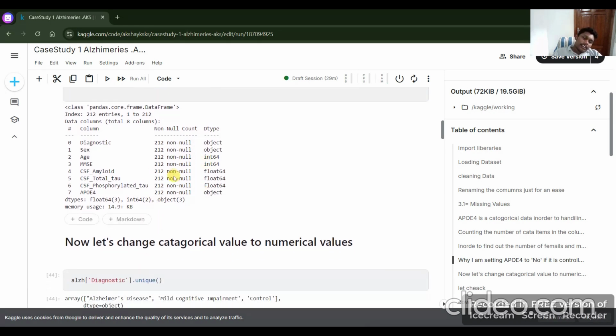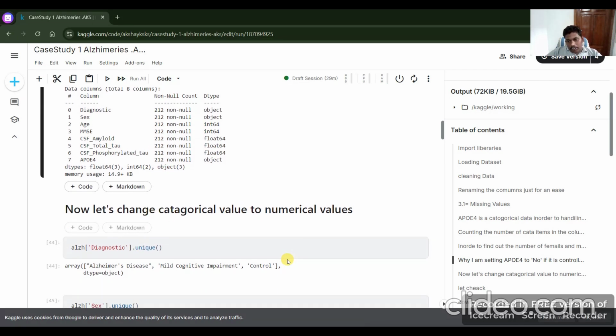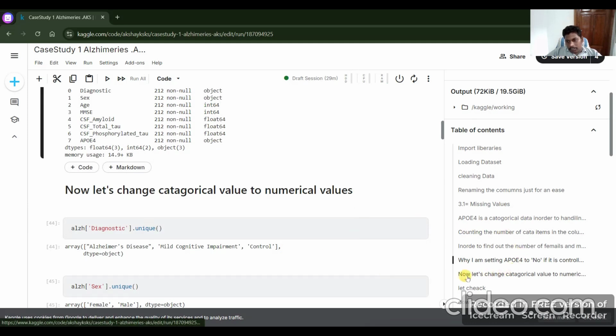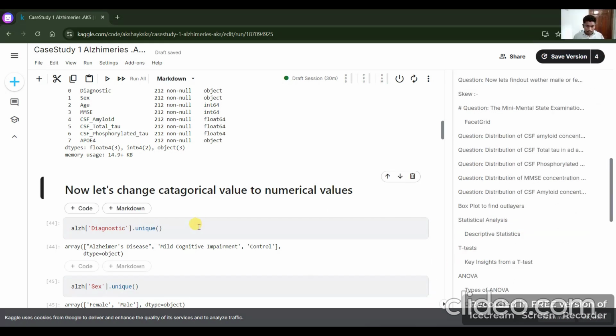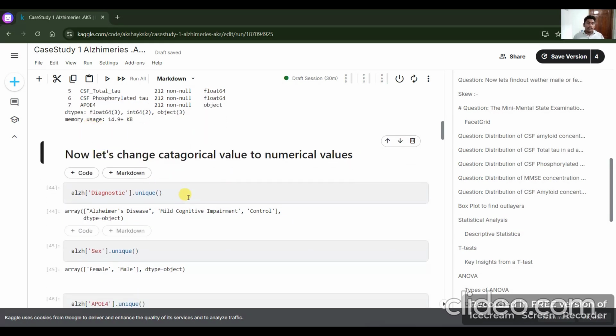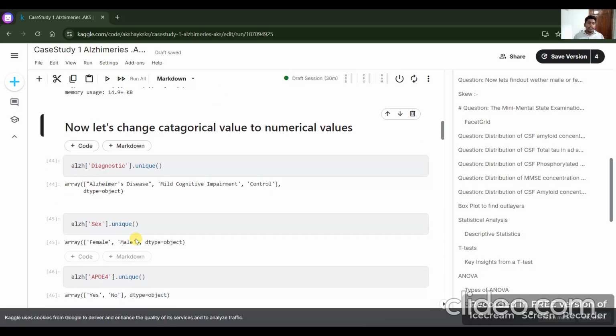After that, let's change the categorical values to numeric values. Diagnostic unique: array Alzheimer's disease, MCI, control, data type object.